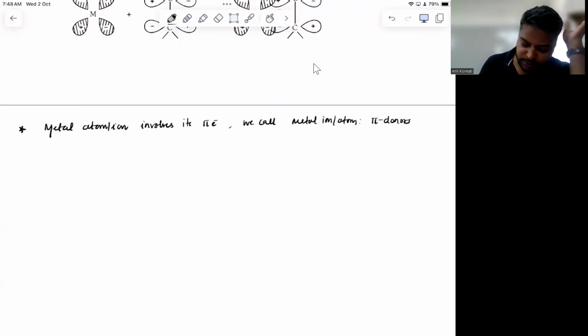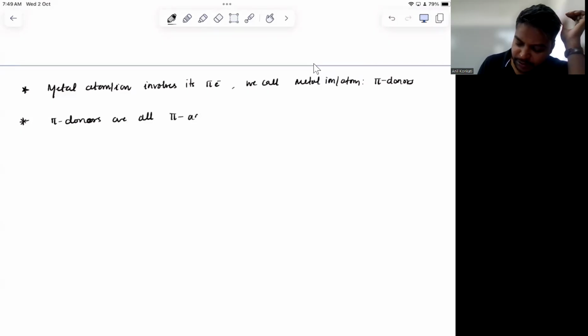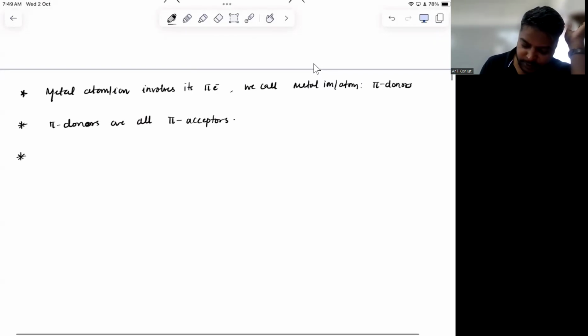These are pi donors. In fact, pi donors are also pi acceptors.